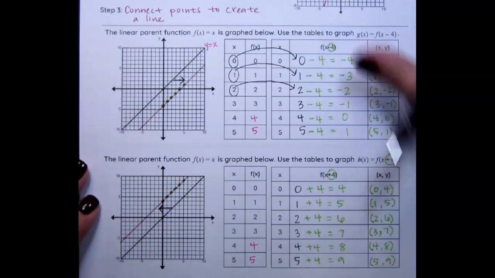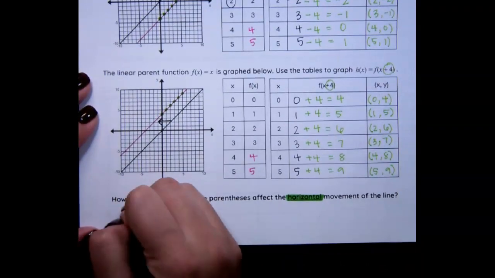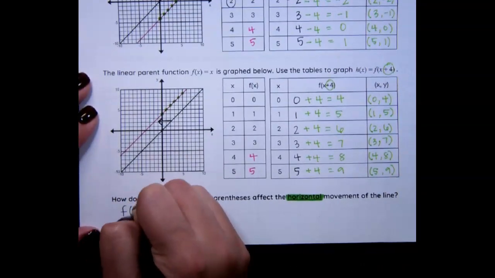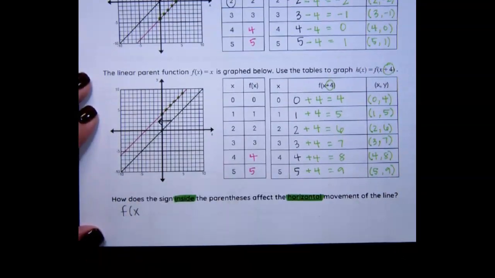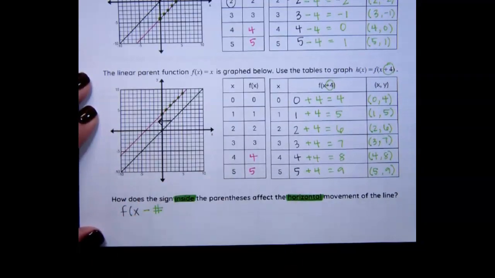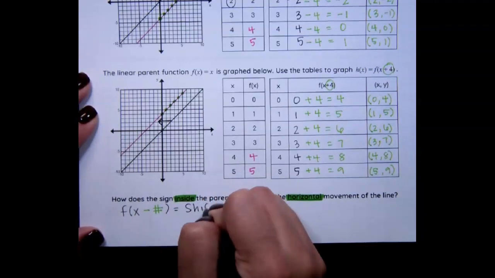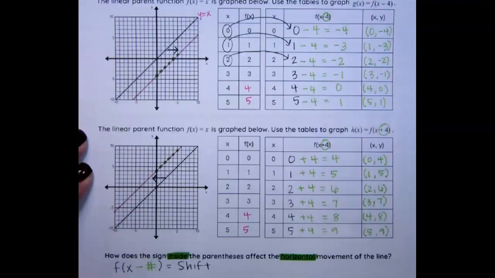So when you have minus inside the parentheses, like we did in the first example, right? So when we have f of x minus a number inside the parentheses, that is going to equal a shift. What direction did this move? Right.